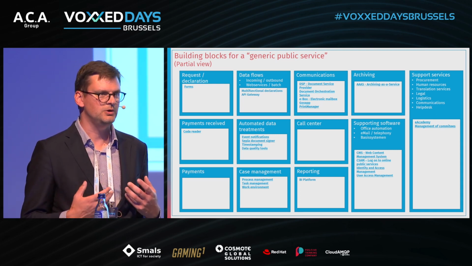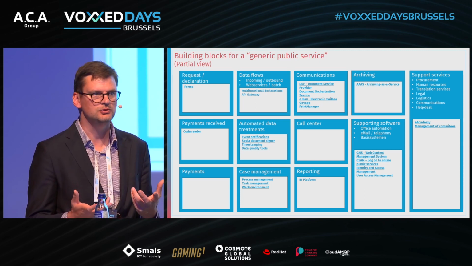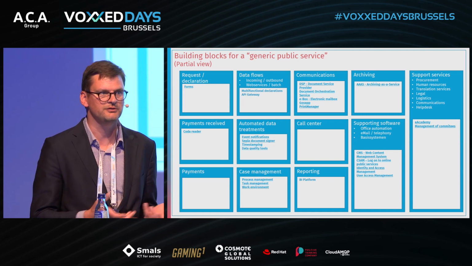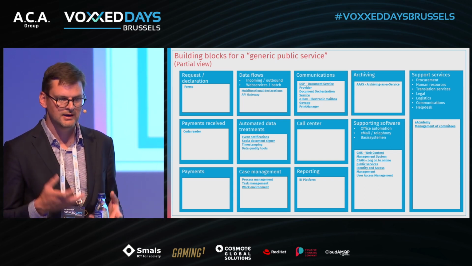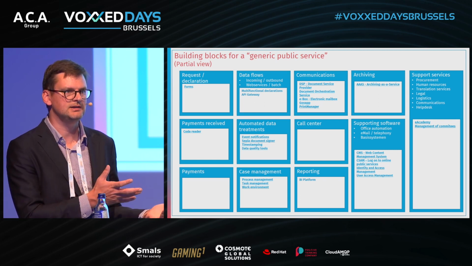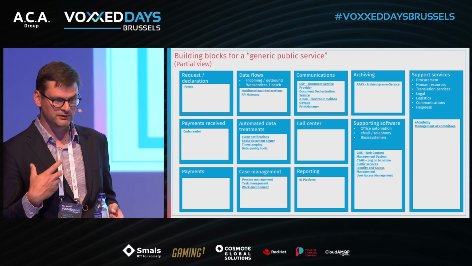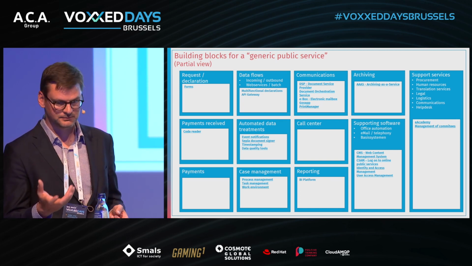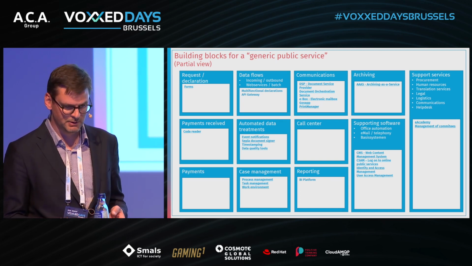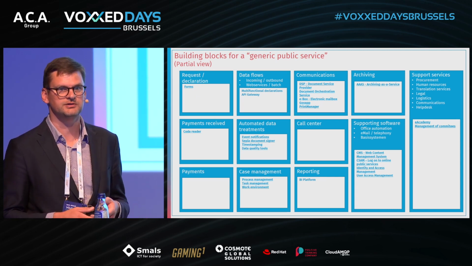They want to receive or capture some information to be able to provide the services to the public or enterprises. They have some data flows, they have treatments, it can be automatic treatments or case management treatments. They receive payments or they have to pay benefits to the public. They communicate, they have supporting services, archiving services, and so on.